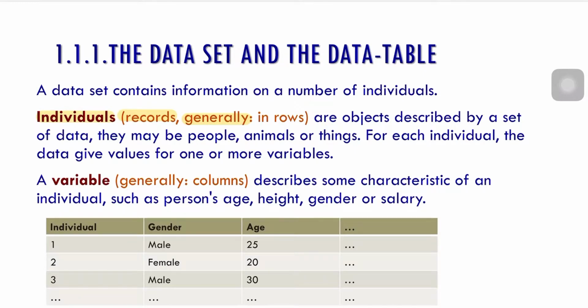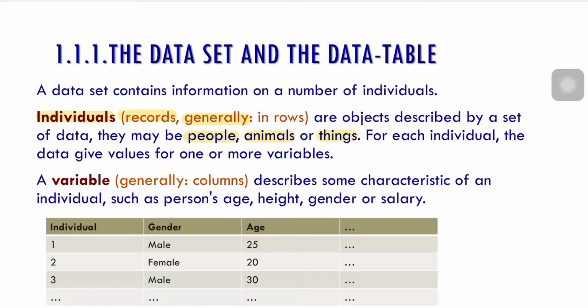Then we can say individuals are the objects described by a set of data, which can be people, animals, or things. Then for each individual, usually we give the values for one or more variables. Then we can say our data set has two parts, individual and variable.